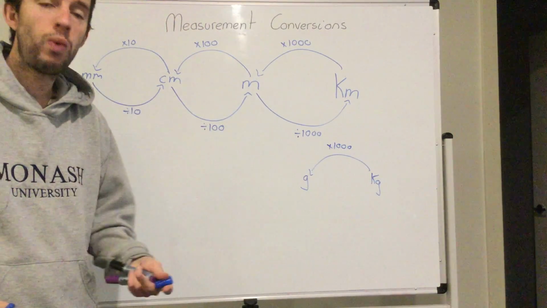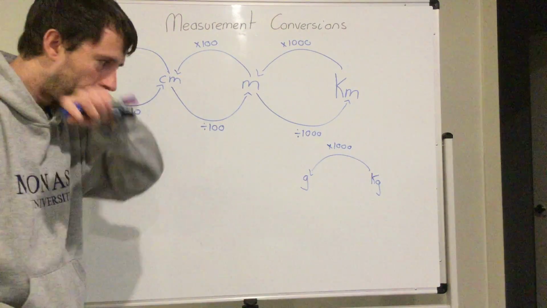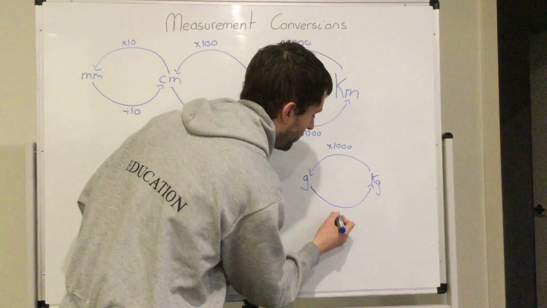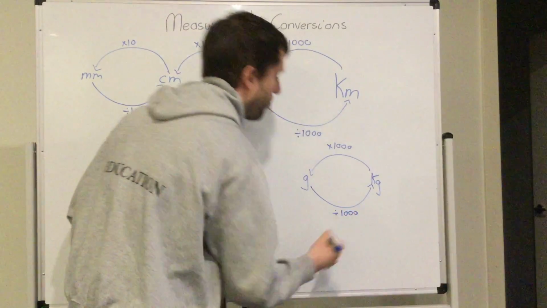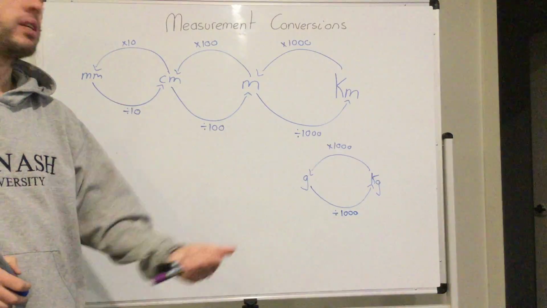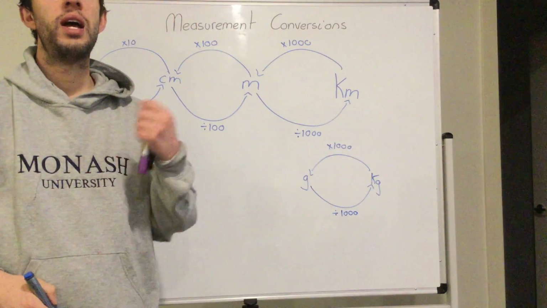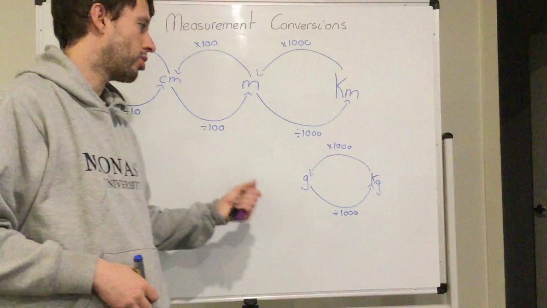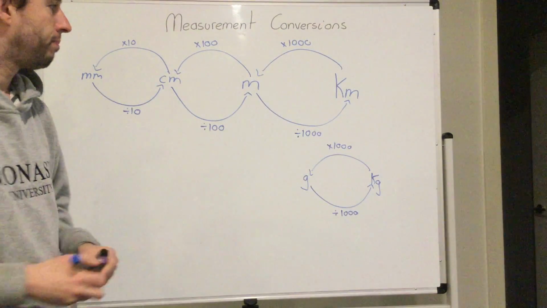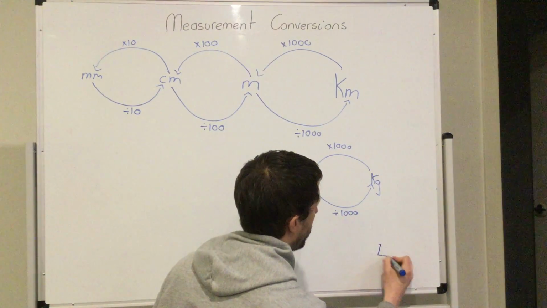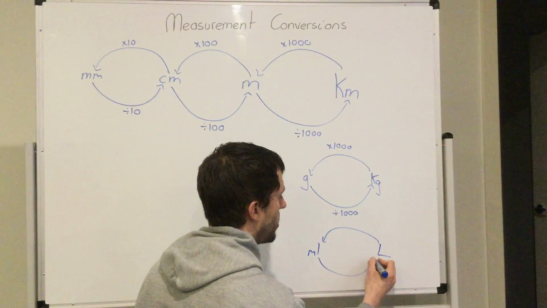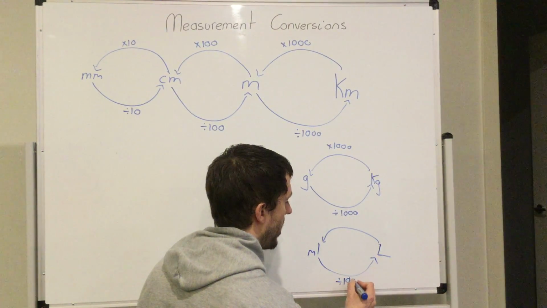If I'm going the opposite way, I'm changing grams into kilos, I am dividing by 1,000. That is exactly the same with litres to mils. There is 1,000 mils in a litre. So to change it from litres to mils, we are timesing it by 1,000. And to go from mils to litres, we are dividing by 1,000.